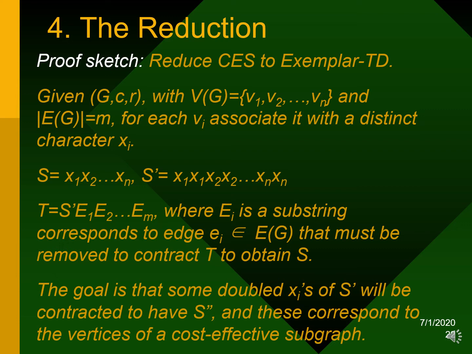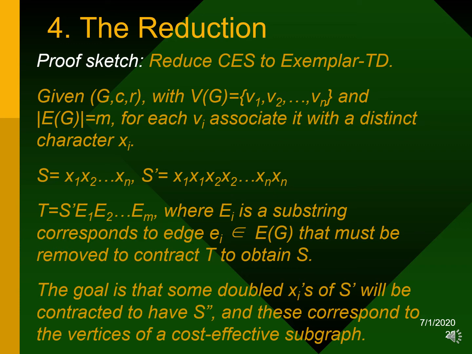Given the input for CES, which is the graph G, and parameters C and R. R is the cost, and C is the weight for the edges not in X that you want to set.